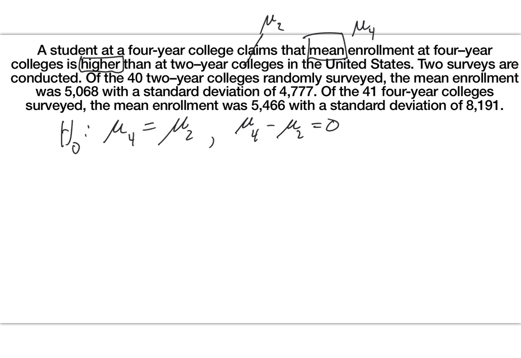All right. My alternative is that they suspect that enrollment at four-year colleges is higher than two-year. Mu sub 4 greater than mu sub 2. Or another way to write that is mu sub 4 minus mu sub 2 greater than 0.